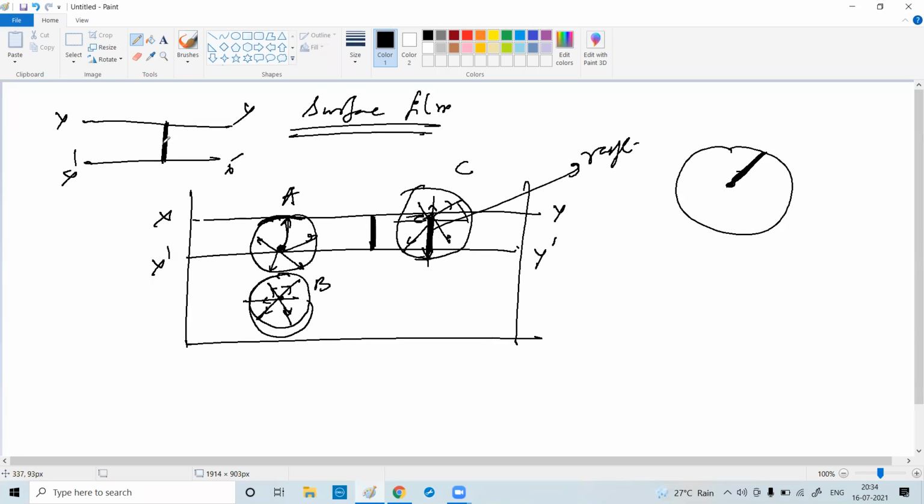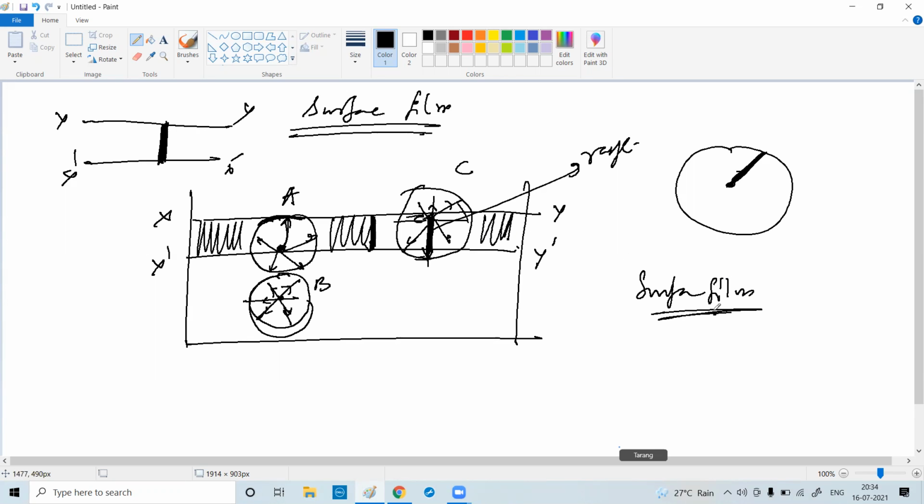Understood or not? Guys, did you understand what I'm trying to say? This distance is called the surface film.